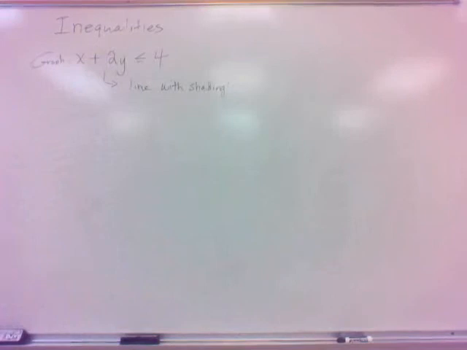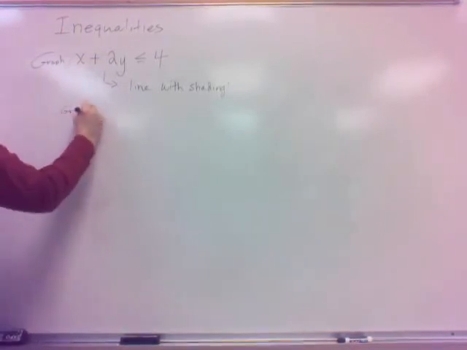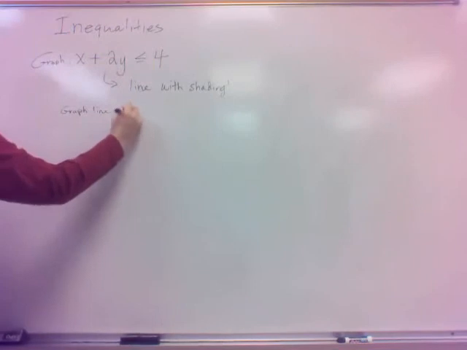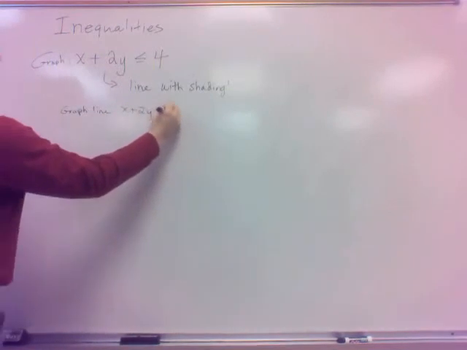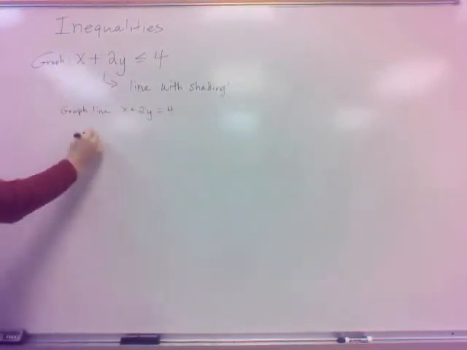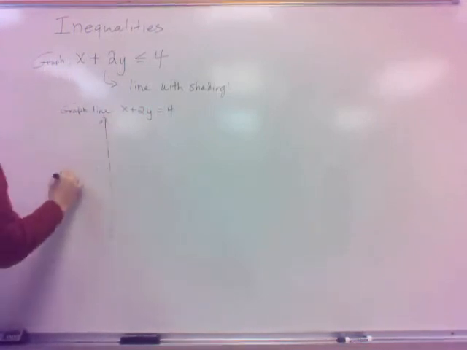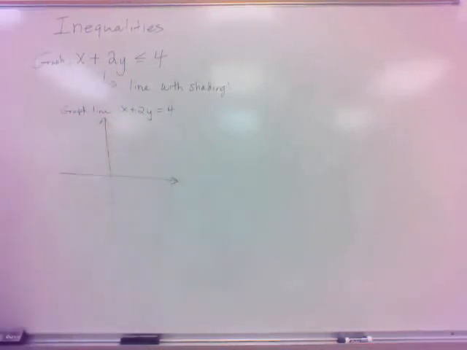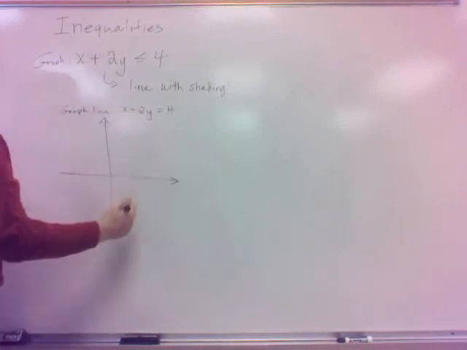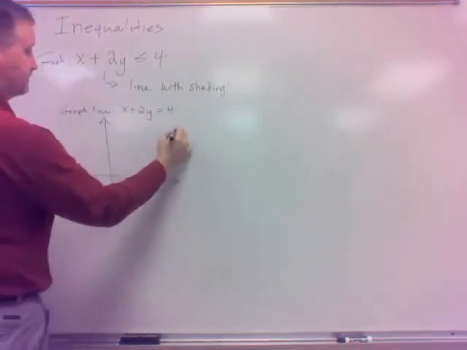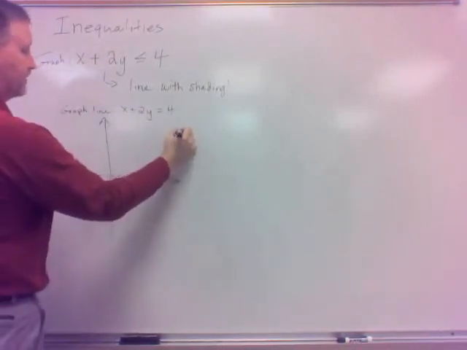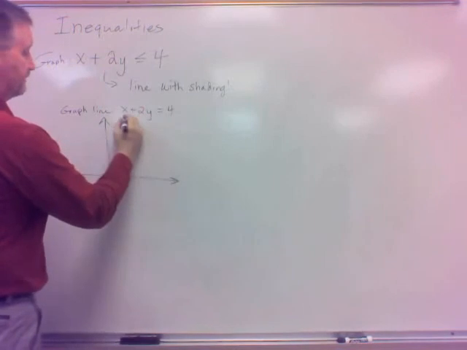So to graph it, you graph the line first of all. The line would be x plus 2y equals 4. So we graph that line, and graph it however you want to. Give me 2 points out of that. The intercepts are good ones to find there.